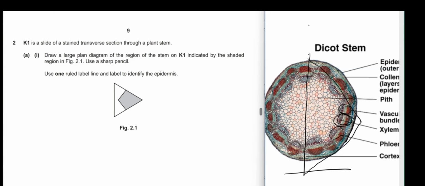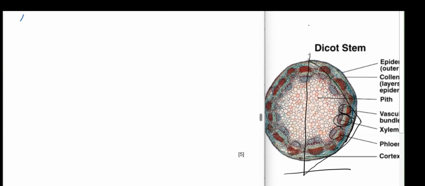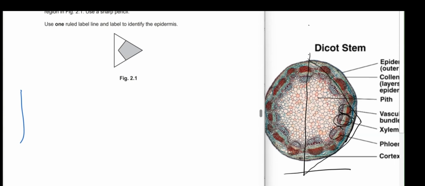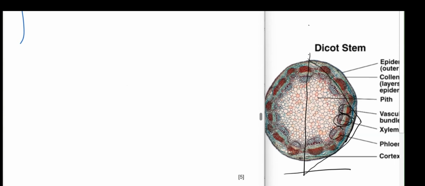So we will select this portion of the slide and focus on it on the microscope, and then start making the plan diagram of this portion. Remember one thing, that we have to use more than 75%, 3 by 4, of the space that's available to us. So we will start making the drawing like this one.